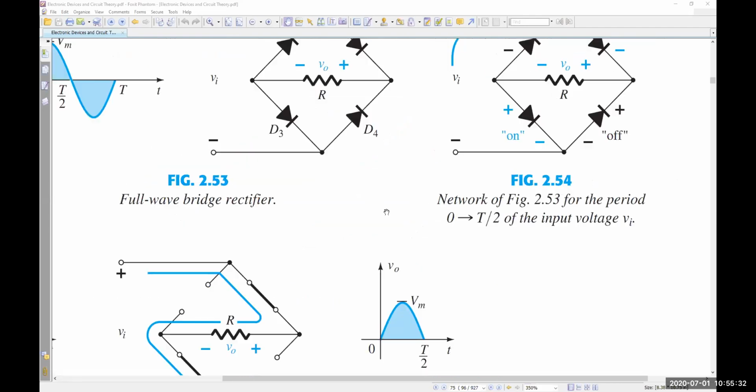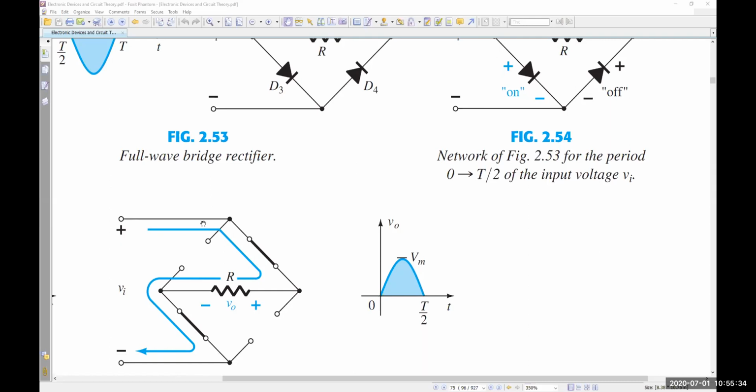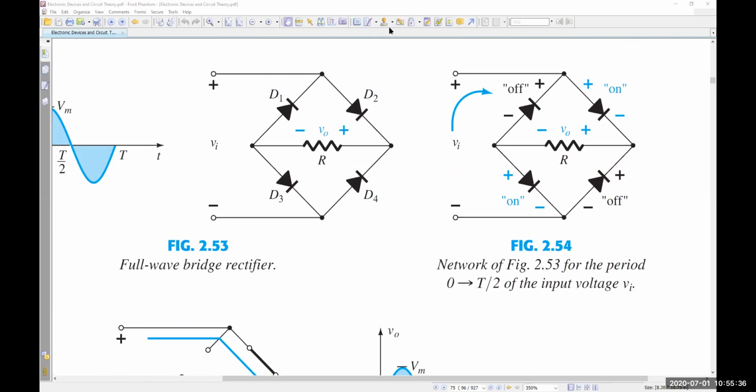Yes. See, for the first half cycle, that means the positive half cycle, it is using D2 and D3. So if D2 is silicon, it is taking 0.7. If D3 is silicon, it is taking 0.7.